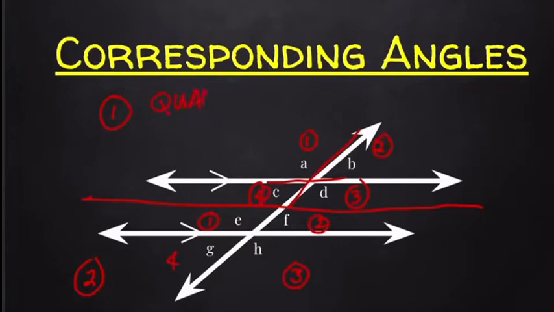Quadrant just means an area that is cut or divided into 4 parts. So a corresponding angle would be an angle in the same quadrant or area. In this case, angle A would be a corresponding angle to angle E.